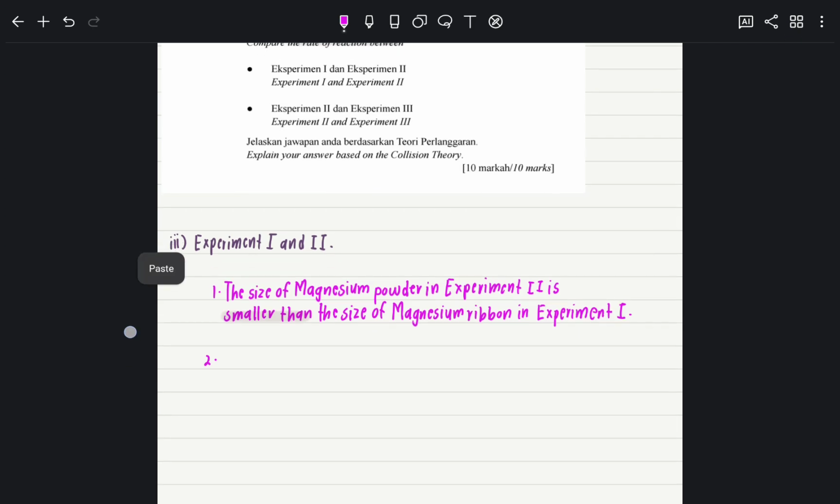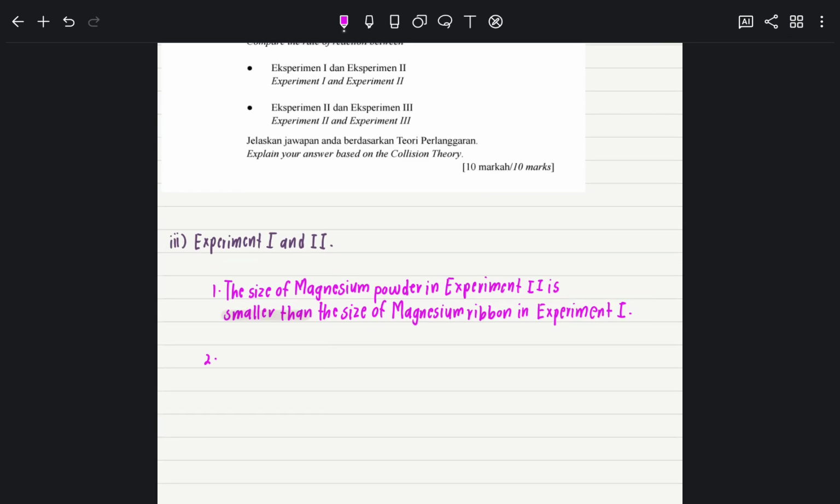Okay, so now you talk about the total surface area.